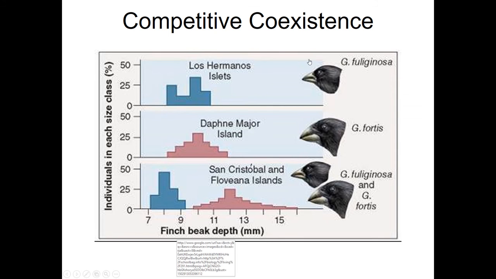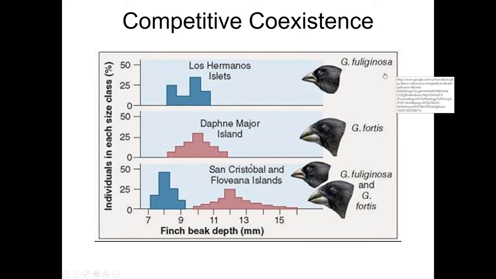So when we had this species here living by itself, this graph represents the average beak depth. In other words, how deep was the beak. And here's another species, again living by itself, and you can see there's a lot of overlap here, right? Their beak depth is pretty similar. They're falling in about the same place on the graph.